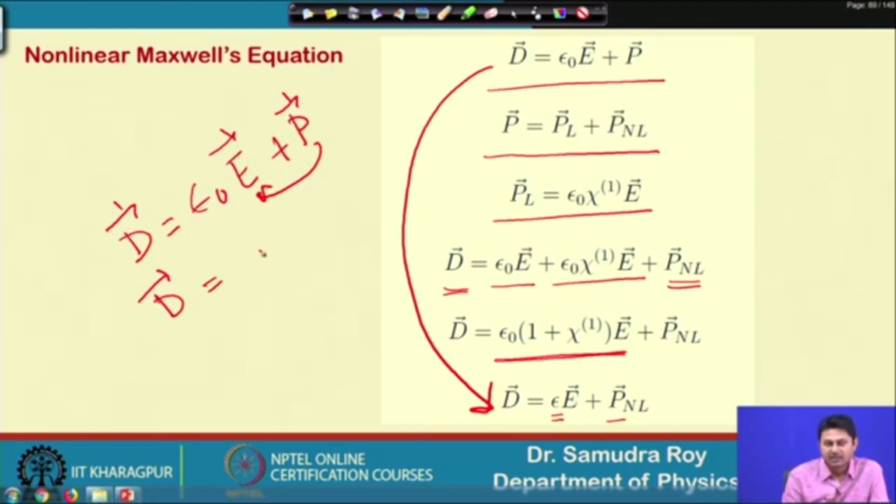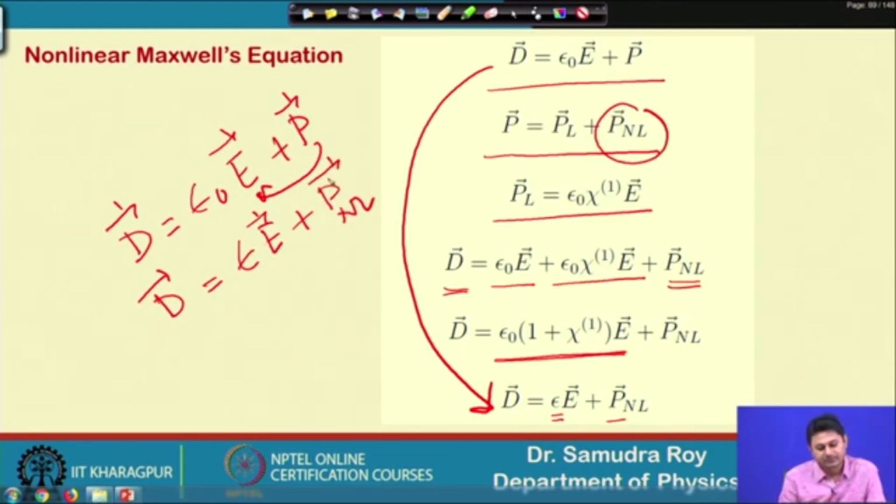We are basically inserting that material information into the system through the refractive index, and that is why this epsilon 0 becomes epsilon. Since the nonlinear part is associated with this, the nonlinear part will be left alone and it will simply be that.